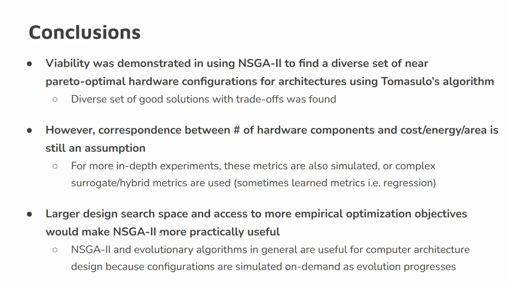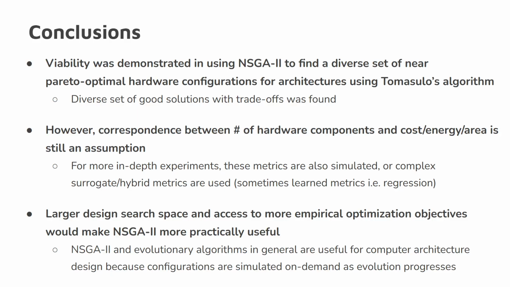So overall, I would say the project was a success based on the results. They did show what was expected to see out of using an evolutionary algorithm to get these trade-off results.